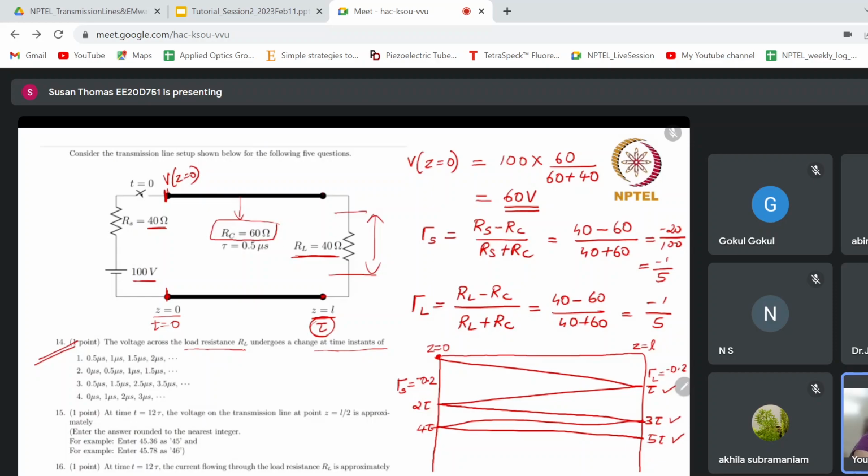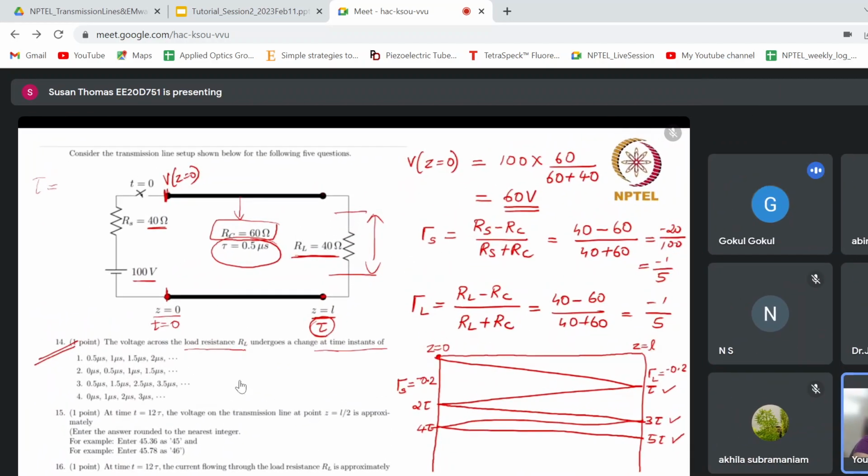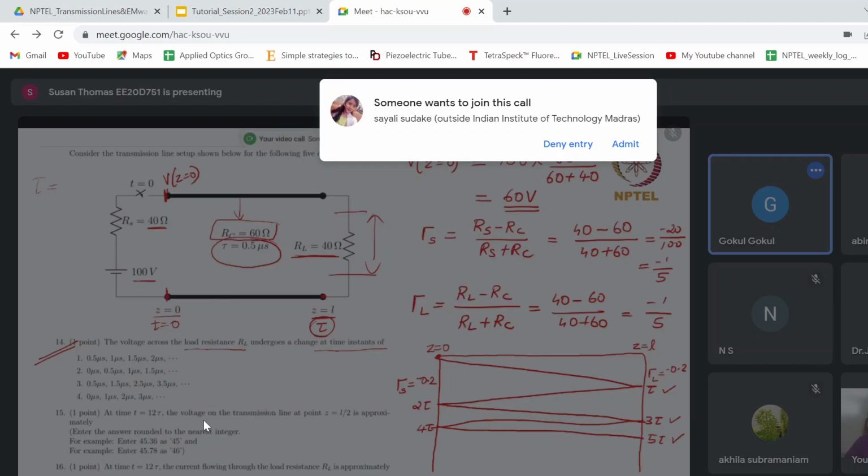So what is the tau value here? It is given right here, that is 0.5 microsecond. So when you say odd multiples, which among these becomes the choice? Can you please tell? Option 3, ma'am. Okay, option 3.